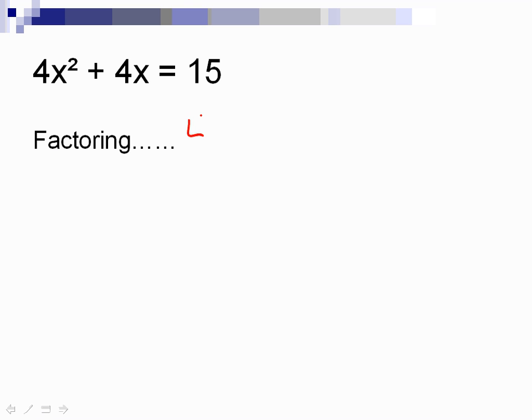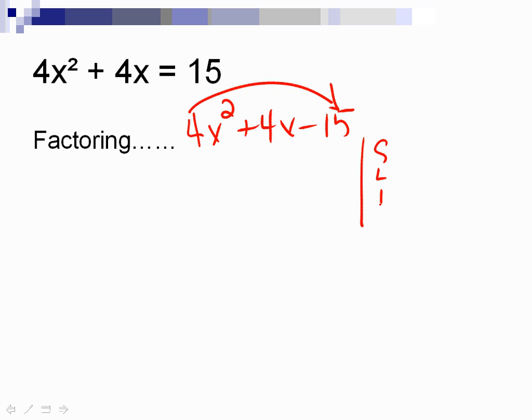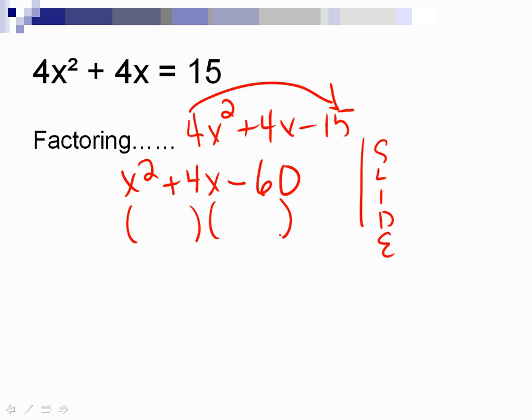Factoring. So I have to use, yes, he said slip and slide. So 4x squared plus 4x minus 15. I'm going to slip the 4 over to the 15, and in the end, what am I not going to forget to do? Slide it back. So x squared plus 4x minus 60. No calculator. Multiply to give me 60. Add to give me 4.